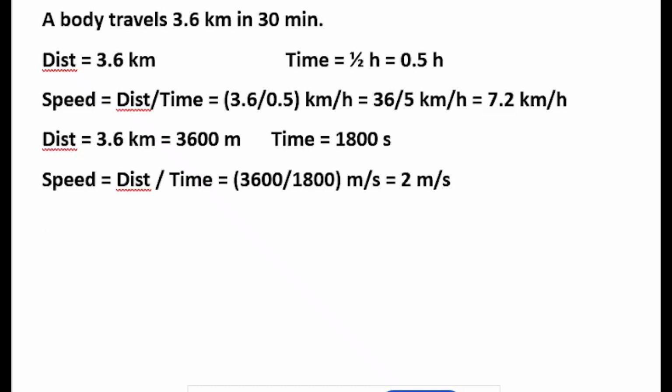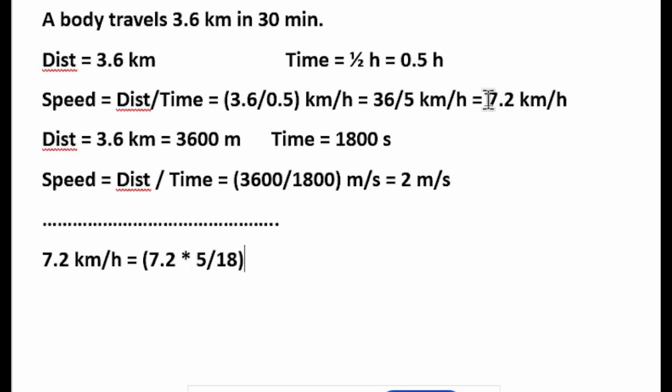And now we will check it. Supposing you don't calculate this one separately, from 7.2 I will convert using that formula. So 7.2 kilometers per hour should be equal to 7.2 into 5 by 18 meters per second. Right? So 18 will go 4 times, 18 into 4, 72.